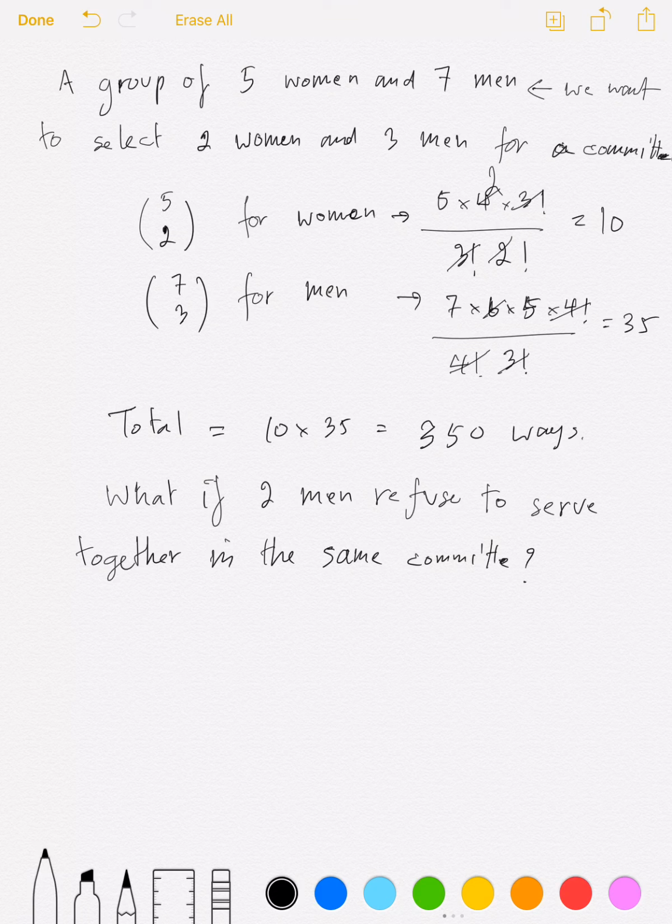Let's say there are 2 men who are enemies or something, and they refuse to be together. Now this makes things more complicated. One easy way to solve this is to find the ways they will be served together and deduct that from all the possible ways, because we know that there are a total of 35 ways to select 3 men from 7 men.